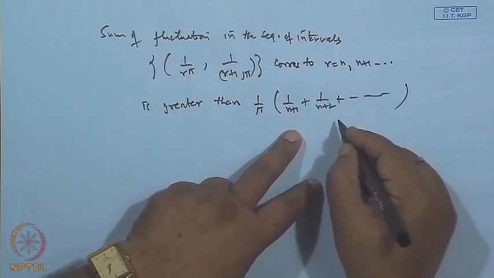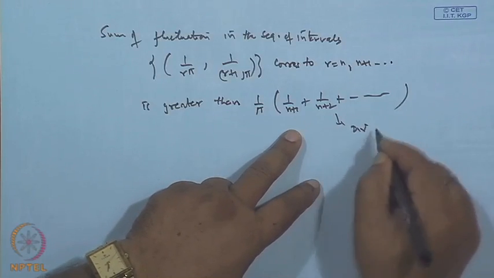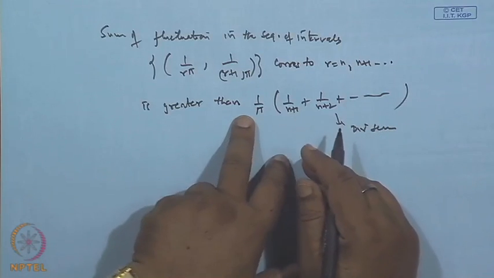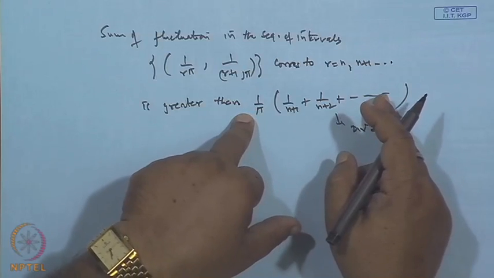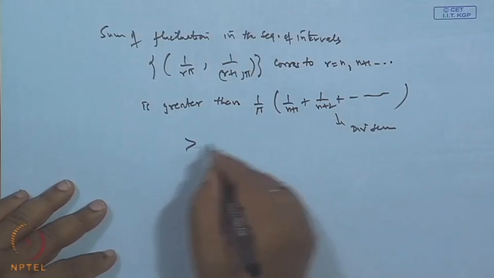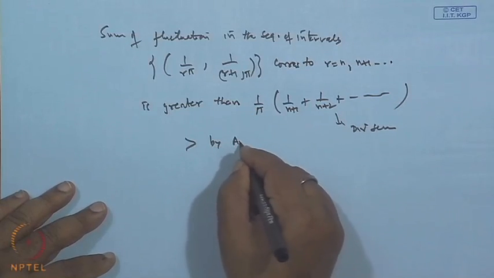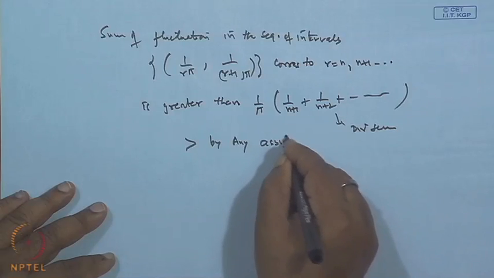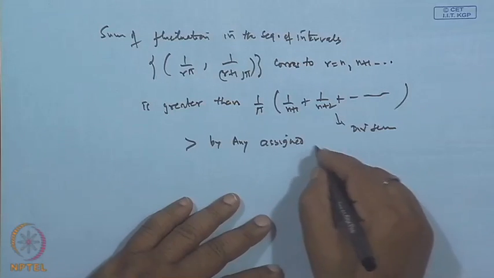But this series is a diverging series. So this cannot be made as small as we please, it is greater than any assigned positive number.